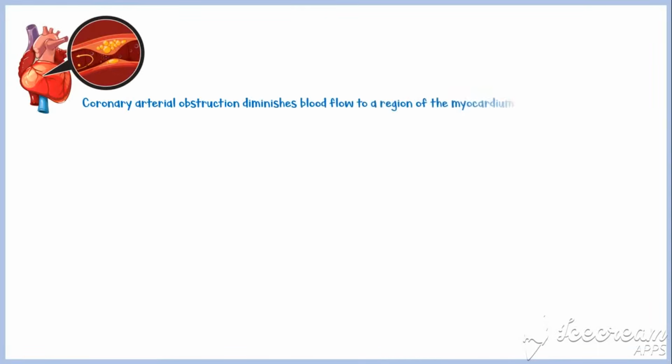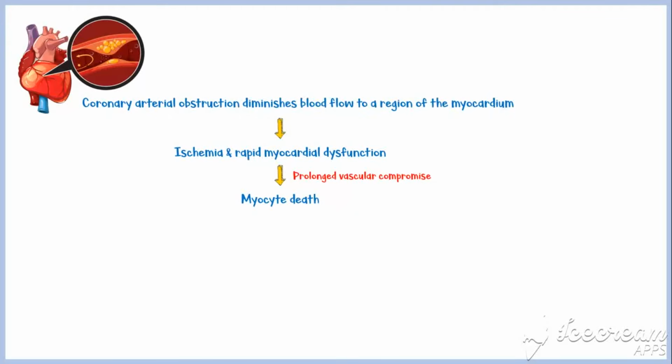Whatever the underlying etiology, coronary arterial obstruction diminishes blood flow to a region of the myocardium, leading to ischemia and rapid myocardial dysfunction. With prolonged vascular compromise, myocyte death will occur. The anatomic region supplied by that artery is referred to as the area at risk.